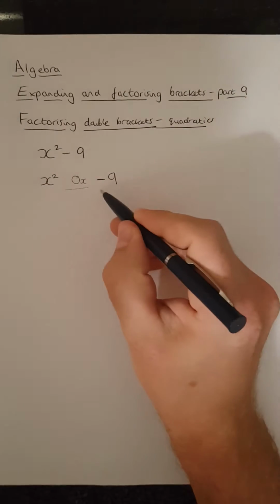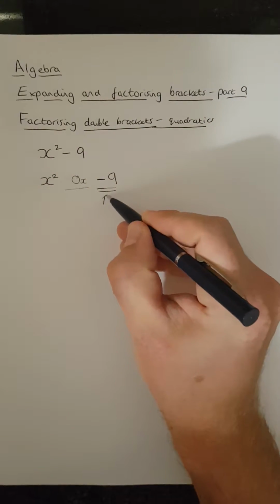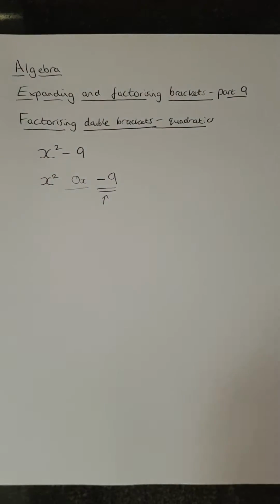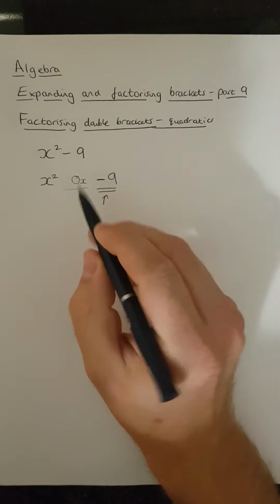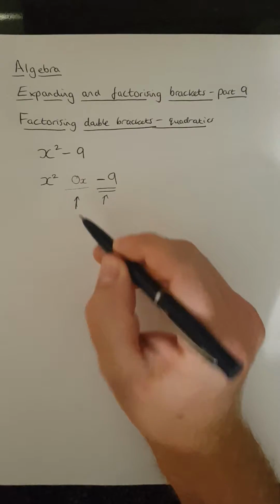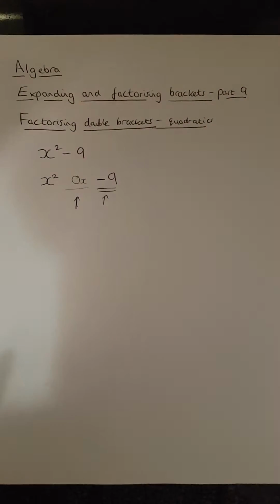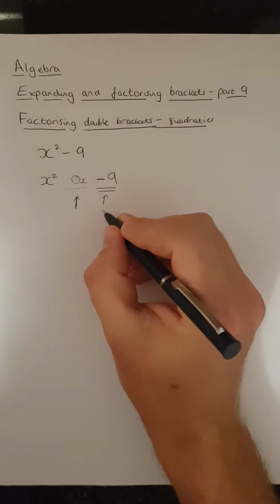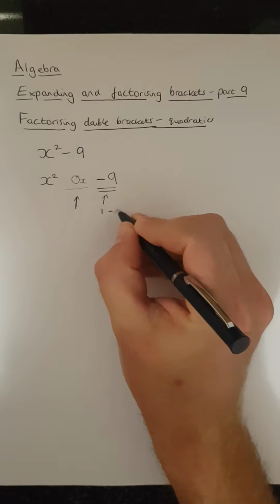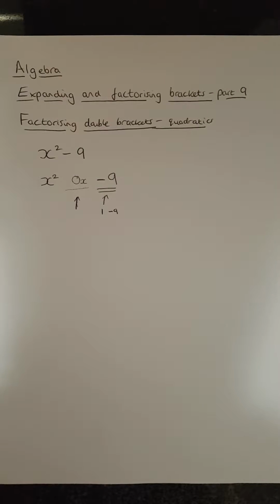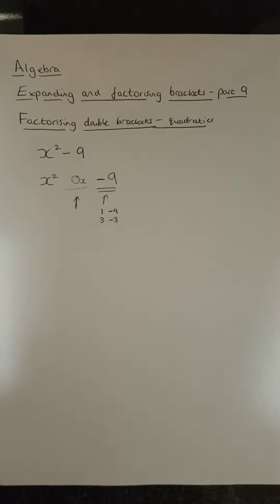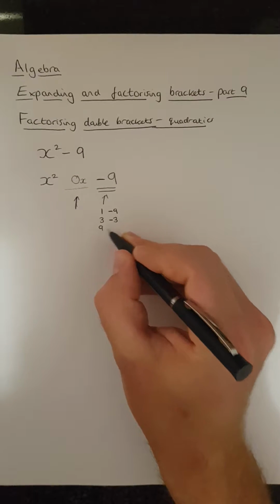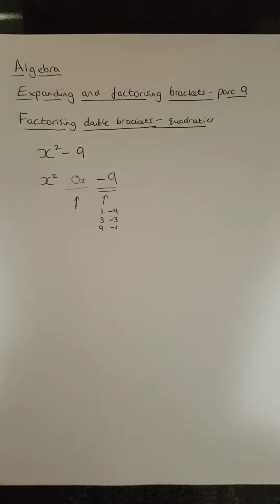Well, let's look at our normal rule. A pair of numbers multiply to make -9. What do they add to make? They add to make 0. So, 1 and -9, 3 and -3, 9 and -1.